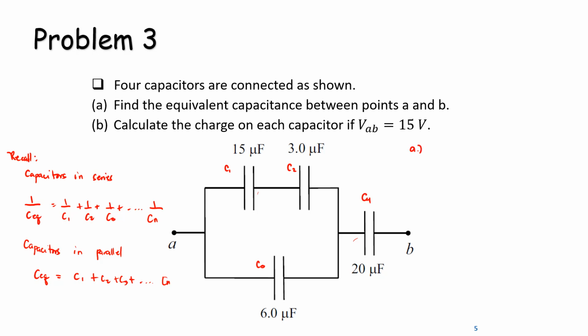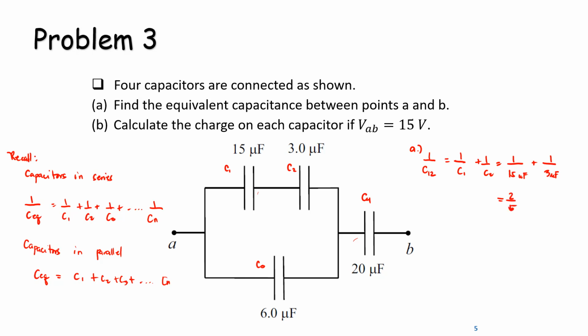First is to find the equivalent capacitance here. The 15 microfarad capacitor is in series with the 3 microfarad capacitor. So 1 over C12 is equal to 1 over C1 plus 1 over C2, which is 1 over 15 microfarad plus 1 over 3 microfarad. If you add these two, you will get 2/5.